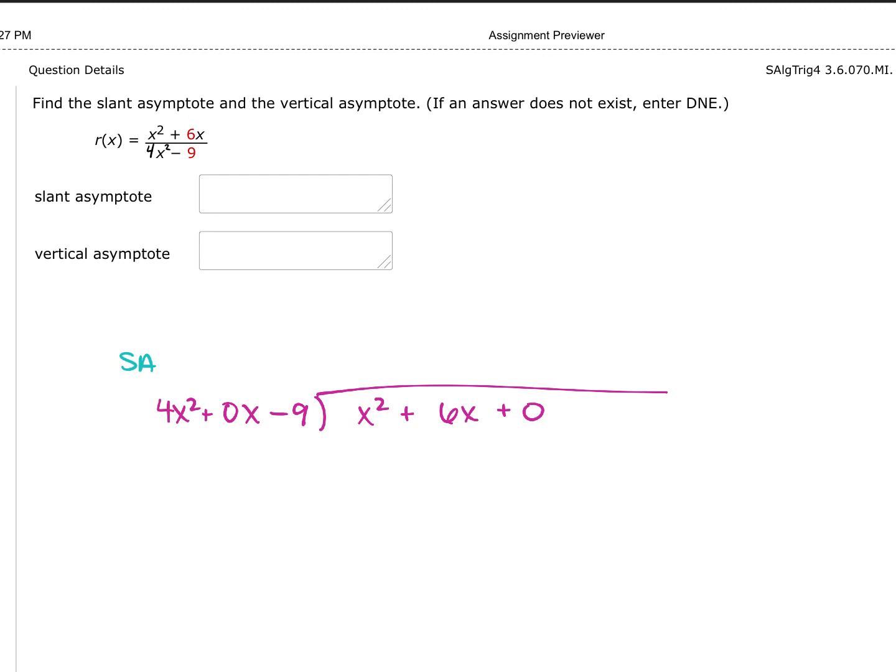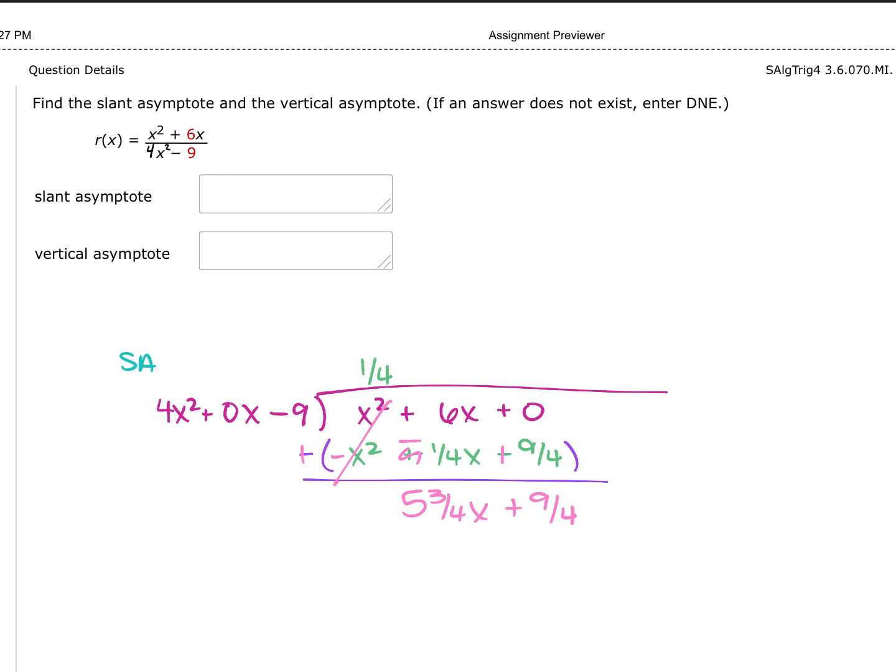You ask yourself, 4x squared times what is x squared? That's 1/4. So multiply that by everything that you have on the outside. That gives you x squared plus 1/4 x minus 9 over 4. You subtract these or add the opposites. Those x squareds cancel. That 6x minus 1/4 x is going to be 5 3/4 x plus 9/4.